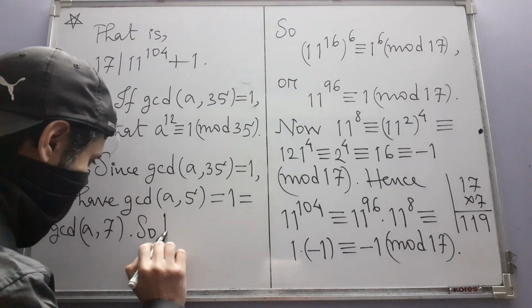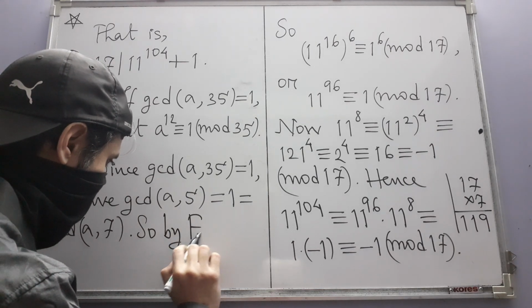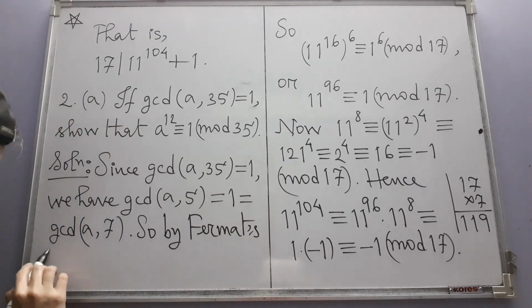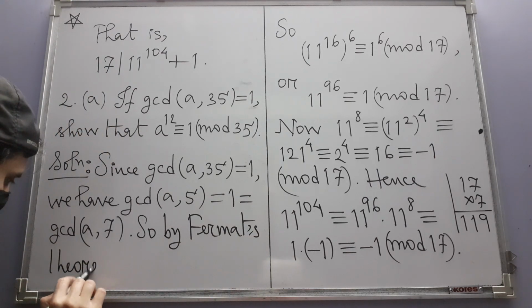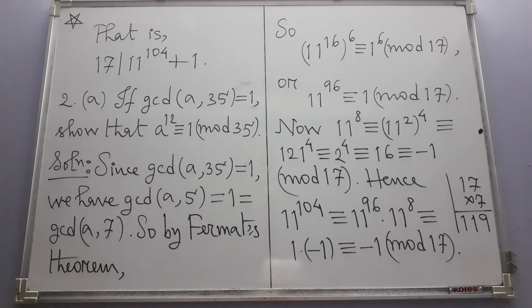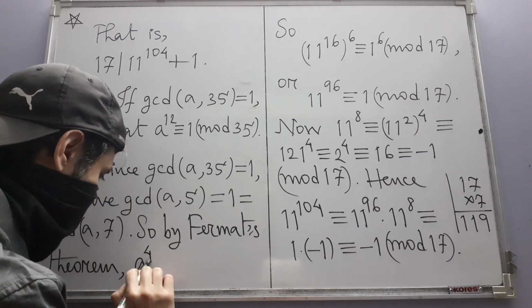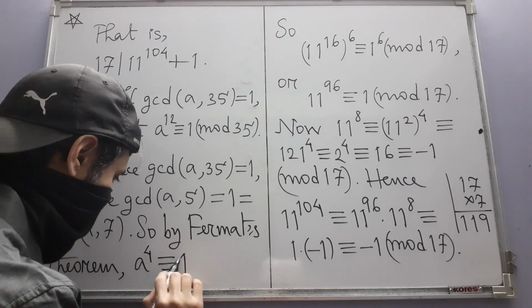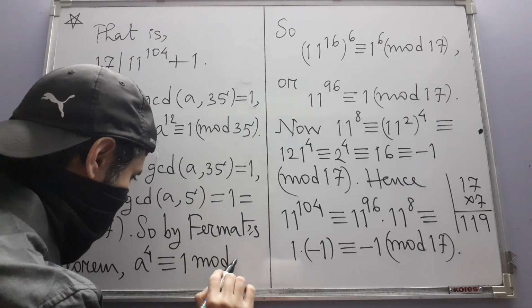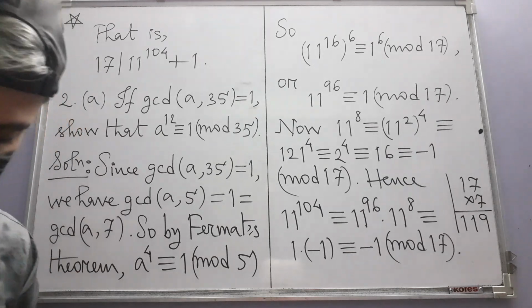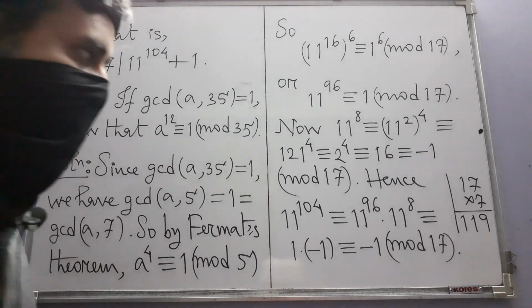So by Fermat's theorem, the congruence we will get for 5 is this: a to the power 4 is congruent to 1 modulo 5, and we get one for 7 as well.